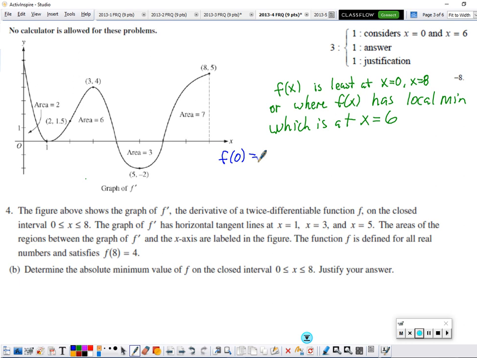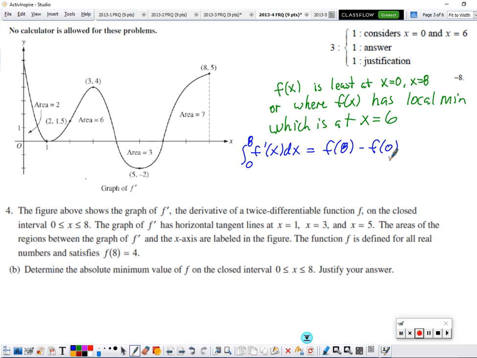Actually, I know the other end, I don't know f of 0. So let's do this then. The fundamental theorem would guarantee the following. If I integrate from 0 to 8, f prime, that will be equivalent to the change in f between 0 and 8.